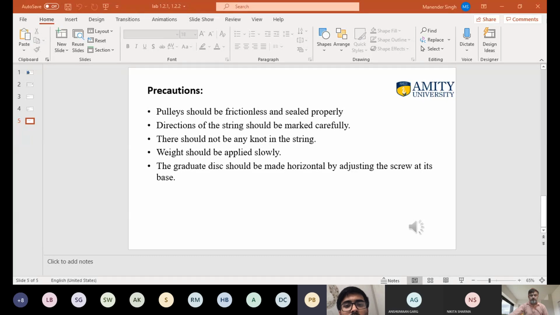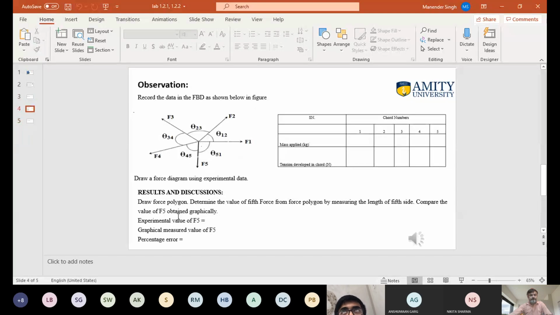Now, in the results, draw the force polygon, determine the value of the fifth force from the force polygon by measuring the length of the fifth side, and compare the value of F5.